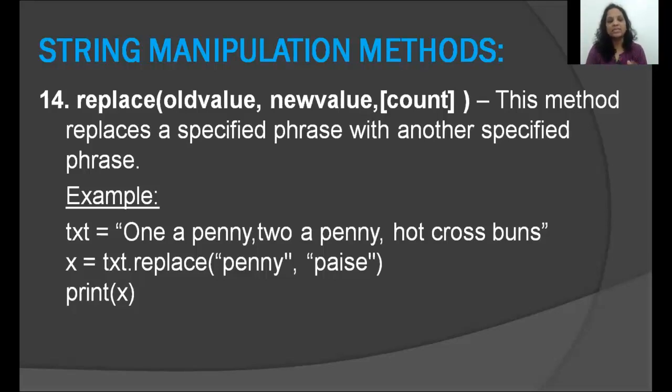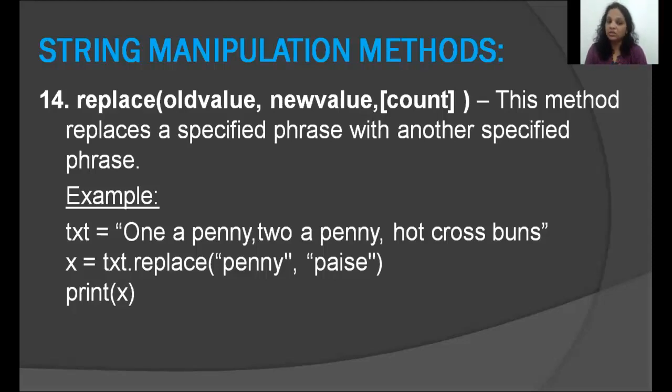So I write txt.replace penny, comma, paise. Then what happens? What does X get? X is going to get the new string. So remember, your txt hasn't changed. You are just returning a new string which is stored in X. And now when I say print X, it will say 1 a paise, 2 a paise, hot cross buns. Is that clear?